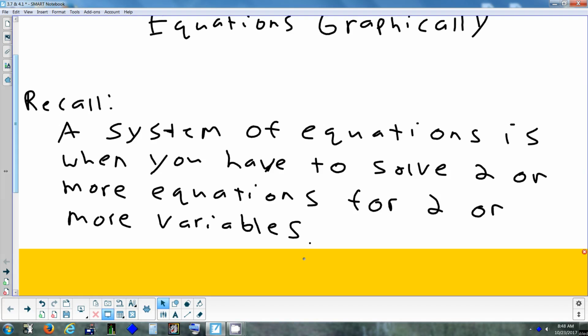What happens if you step up to three variables? Yeah? It would be 3D. Yeah, well, we start to get into planes. We start to get into three-dimensional drawings. Lines are really one-dimensional. So now we're trying to find where planes would intersect, and that can be harder to draw. So generally, with more than two variables, we stick to a more algebraic approach.